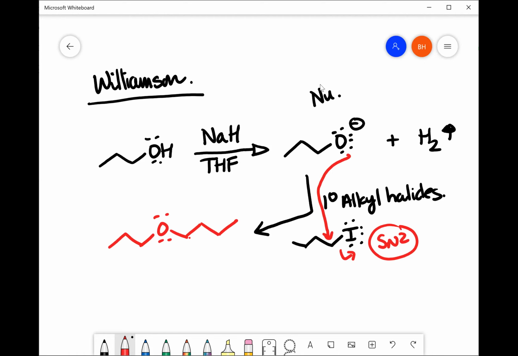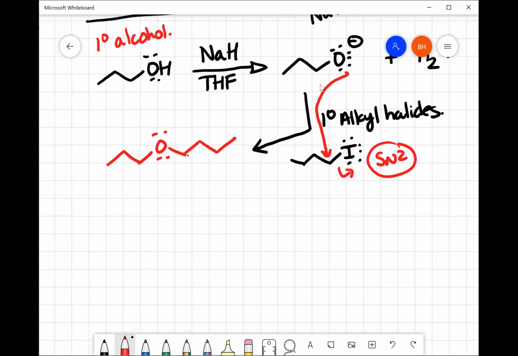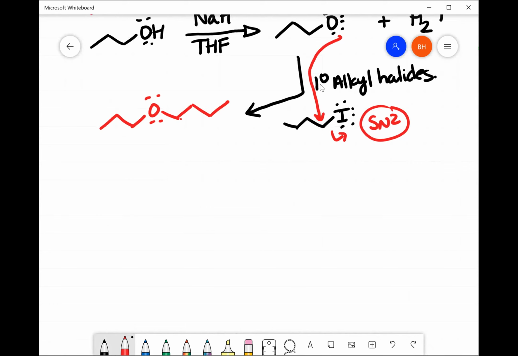So in this case, the nucleophile I've got, we started out with a primary alcohol. You'll notice that with a lot of the examples that I do, I'll draw something slightly more complex, like say a cyclohexanol. And this is now a secondary alcohol.